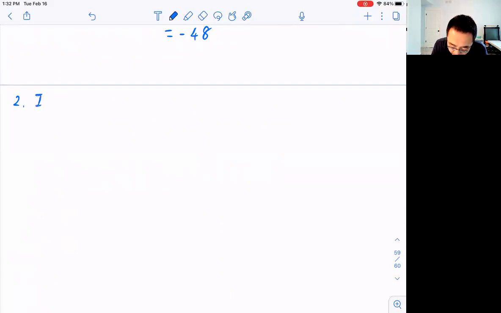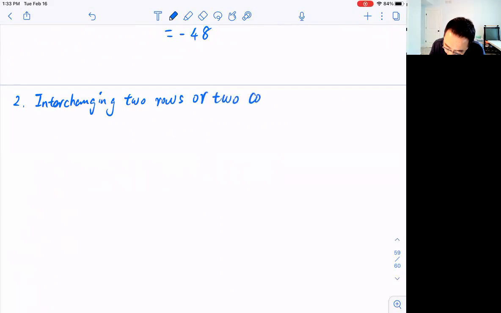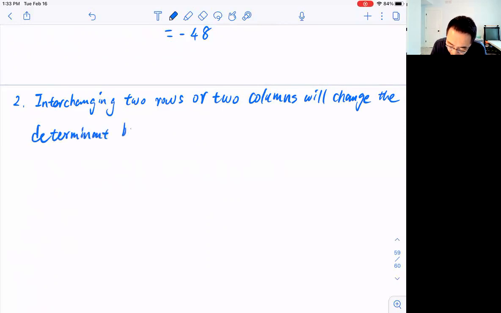Okay, so interchanging two rows or two columns will change the determinant by a factor of -1. Okay. All right.